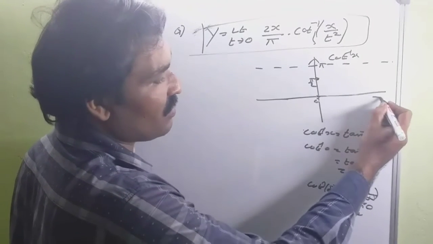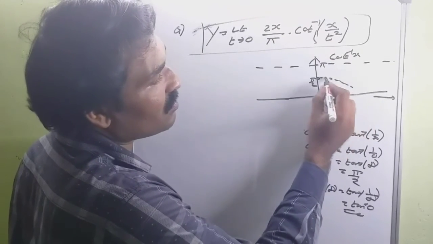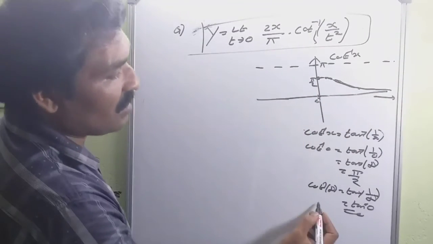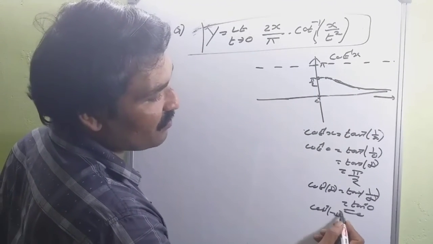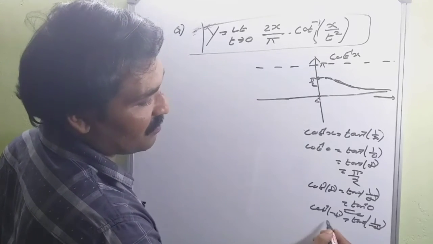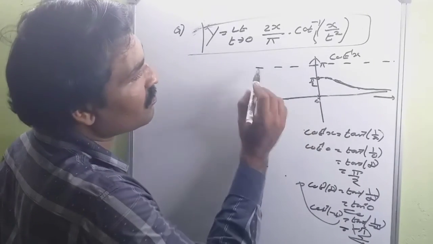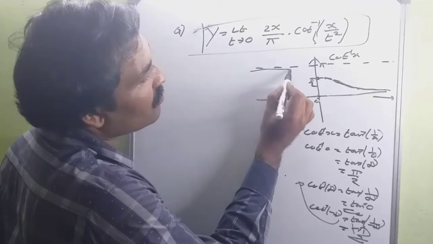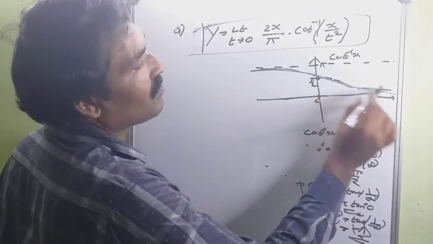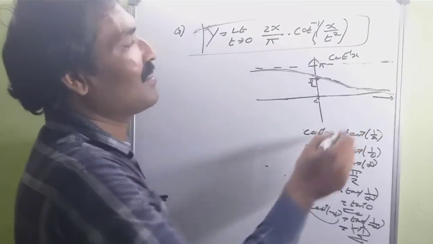So as x tends to infinity, the value goes to 0. Now cot inverse minus infinity is equal to tan inverse 1 by minus infinity, minus pi, that is equal to pi. So this is the approximate shape of the graph of cot inverse x.